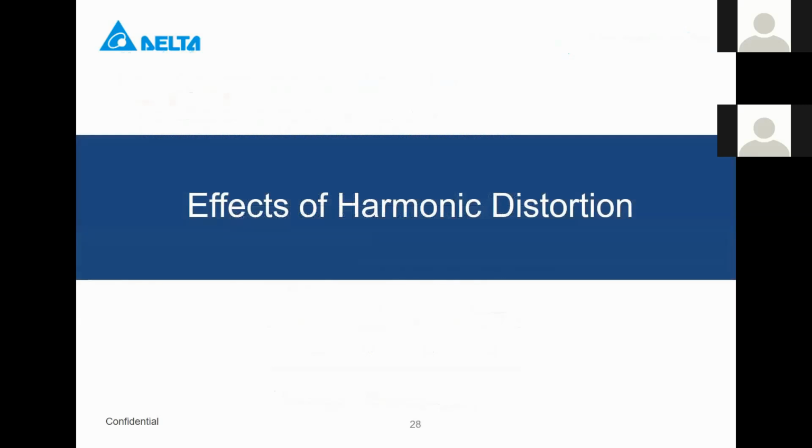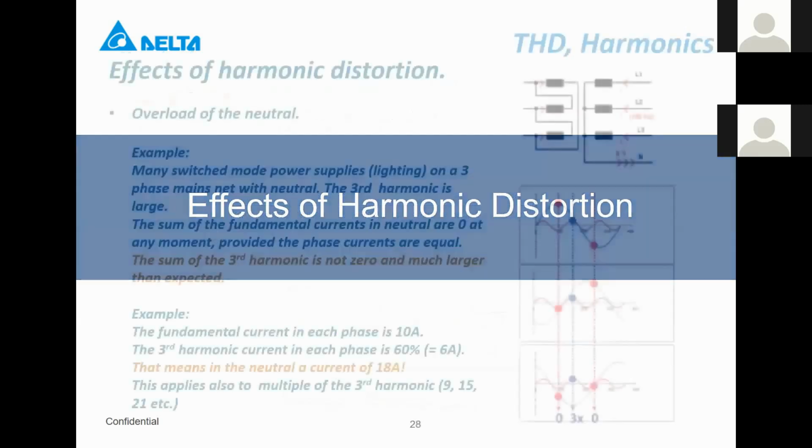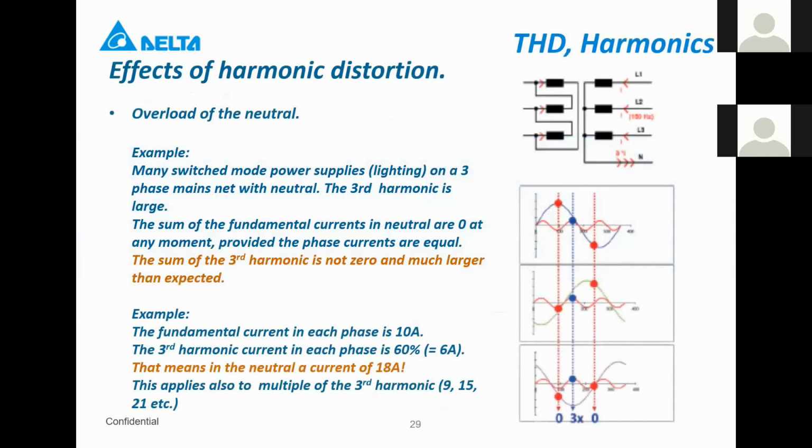What are the effects of harmonic distortion? One of them is the overload of the neutral. With three-phase inverters, it's more or less no problem, because the average in the neutral, when you have a neutral, is 0 in that case.